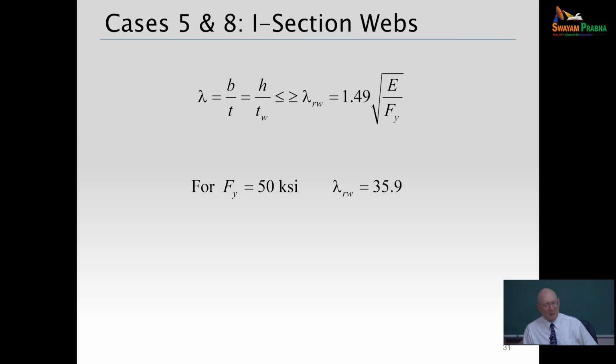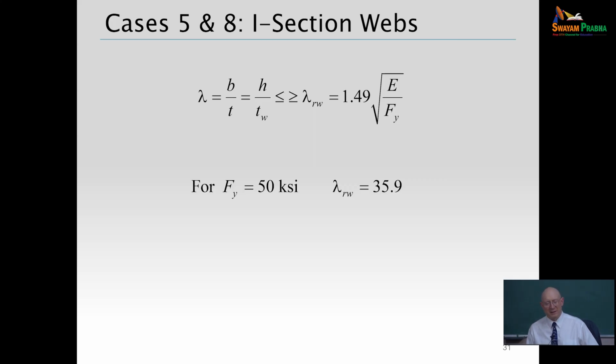And so there, one way to classify I sections is column type I sections, beam type I sections. So column type I sections would tend to have a width of flange very similar to the depth of the section. And most of those would often have a B over T or an H over TW less than 35.9.